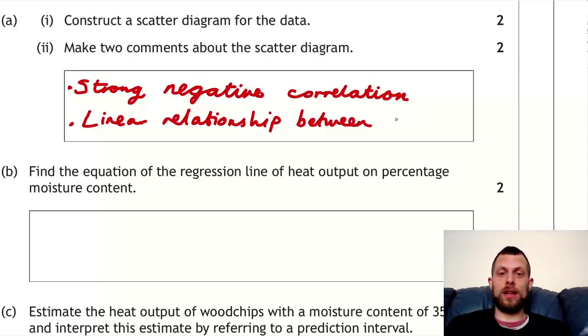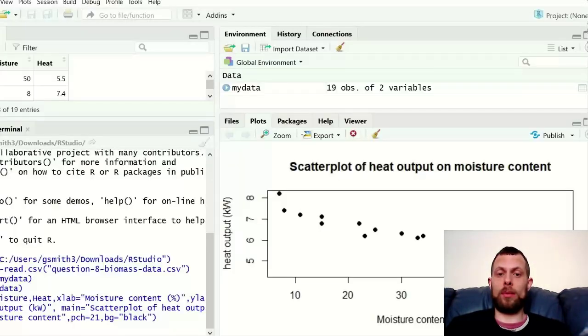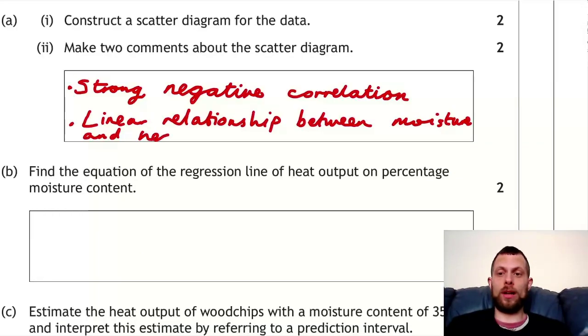I'm not completely sure how this kind of question would be marked if something like it came up, but remember those 2 points: negative correlation, and if you're looking for a second comment, you could also state it's a linear relationship based on the graph.